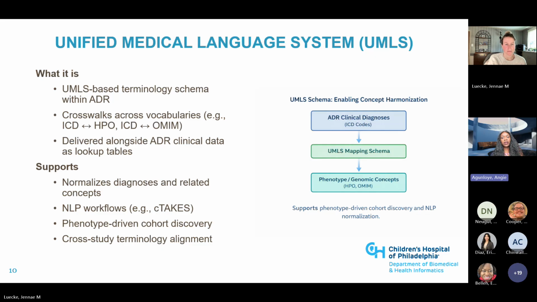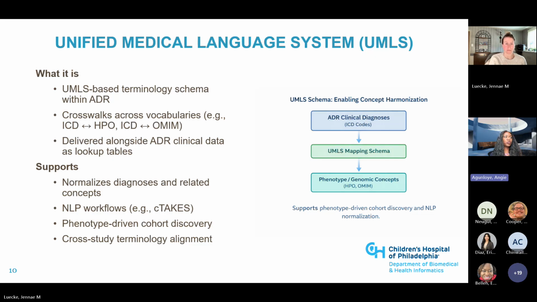So the next one I'm going to talk about is the Unified Medical Language System, UMLS for short. This is a schema within ADR that supports terminology mappings derived from UMLS. This crosswalk allows alignment across vocabularies.